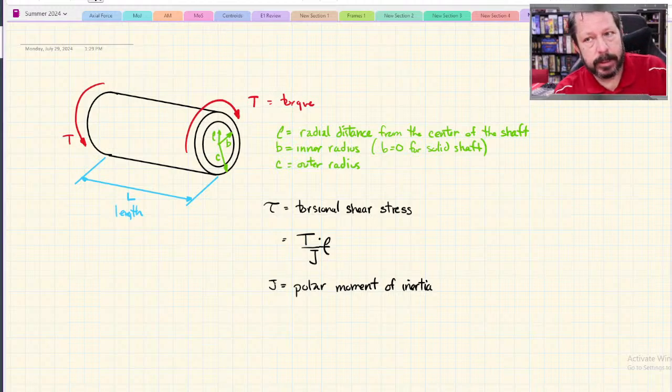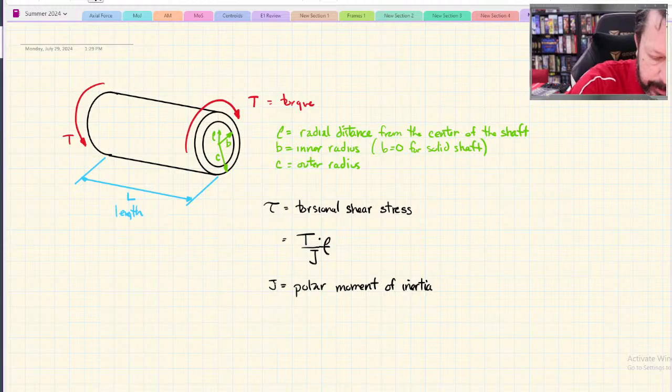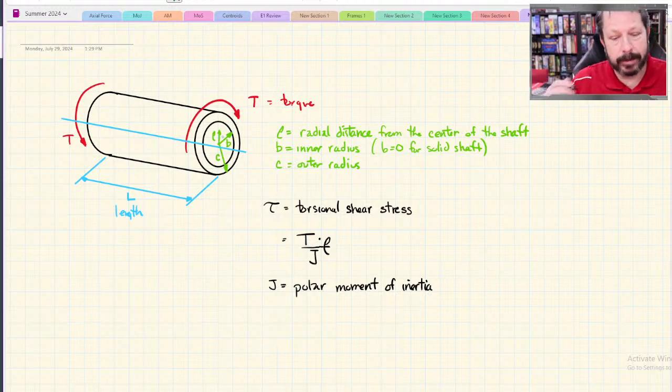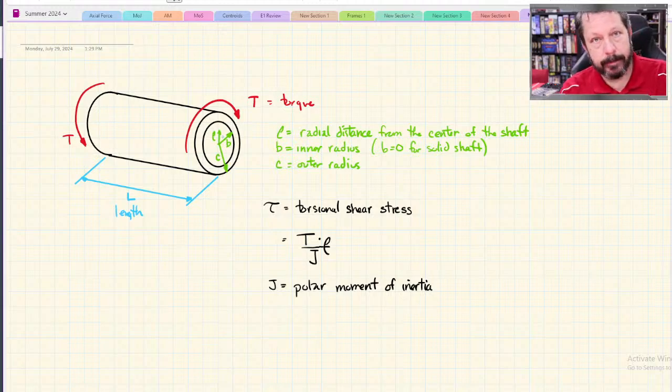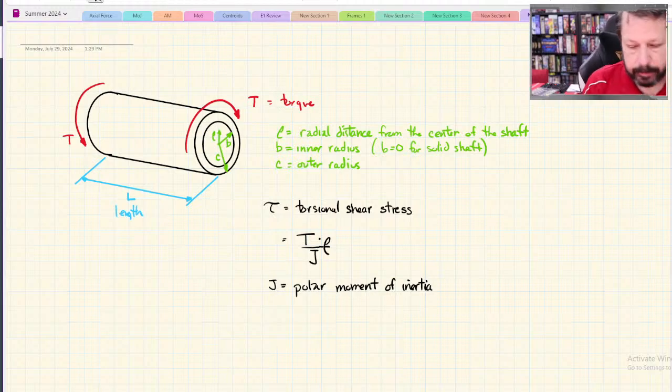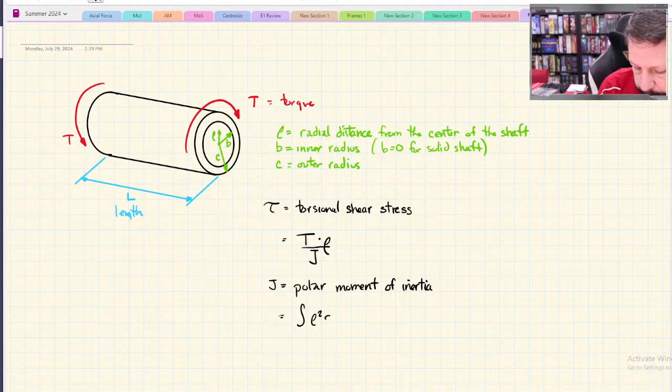But since we are dealing with a shaft with a torque about the longitudinal axis of the shaft, if I drew a longitudinal axis here, then the torque is about that axis. And so polar moment of inertia is a similar concept as I, moment of inertia, but in polar coordinates. The actual equation is the integral of rho squared dA.